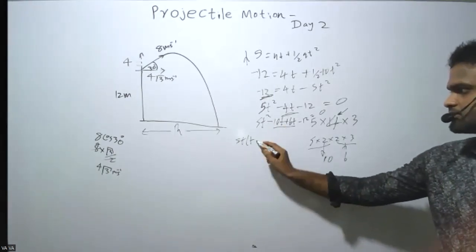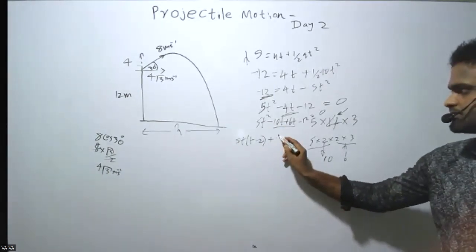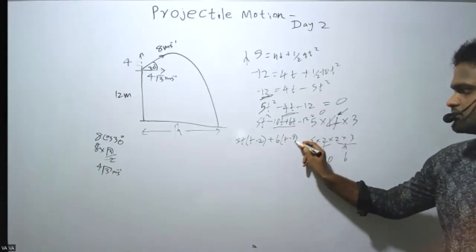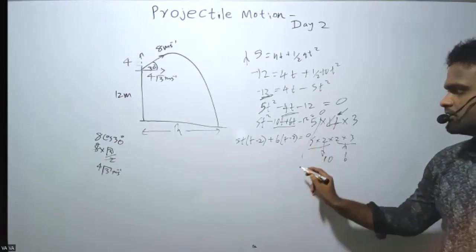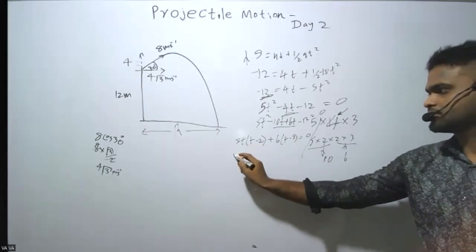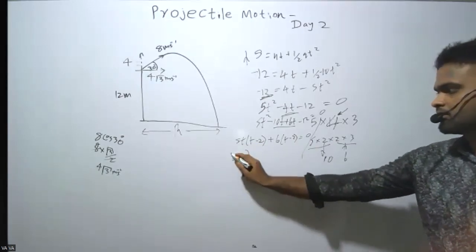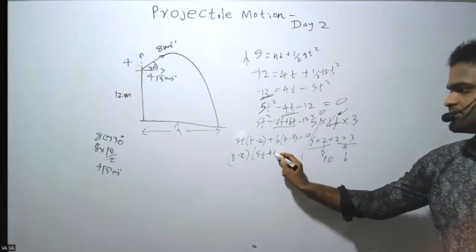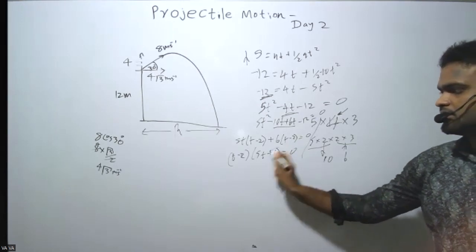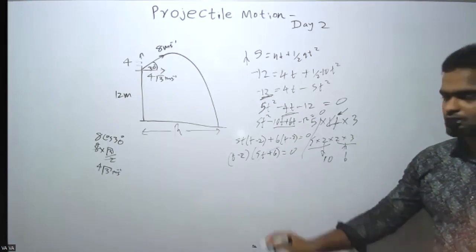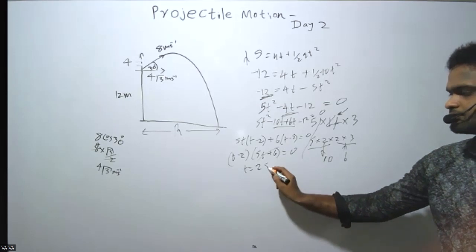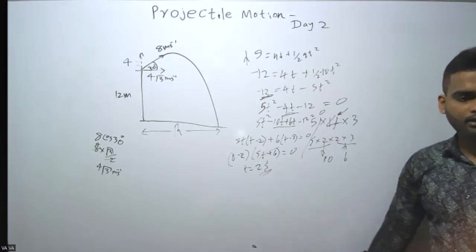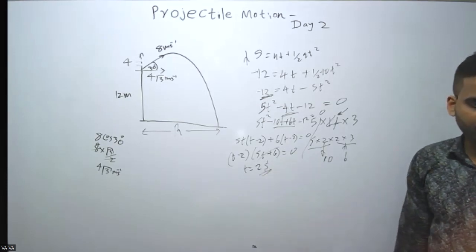This is t minus 2, plus 6 out, t minus 2 equals 0. Take t minus 2 out. 5t plus 6 equals 0. So t should be equal to 2, because time cannot be negative. T should be 2 seconds.